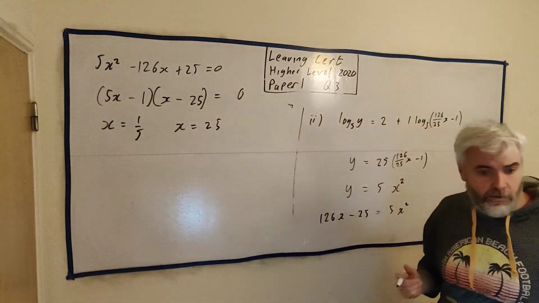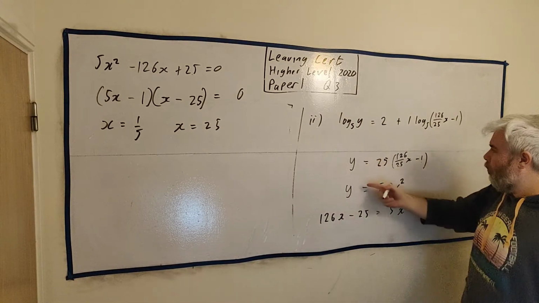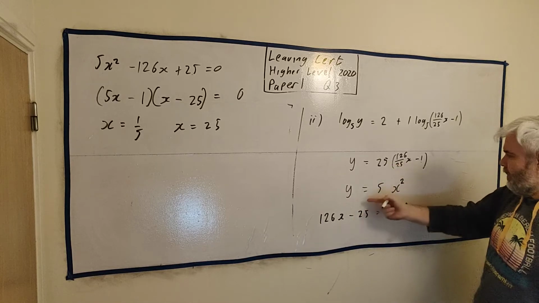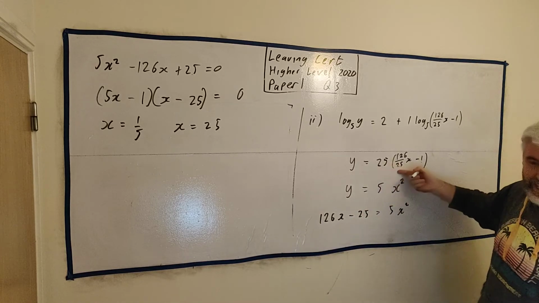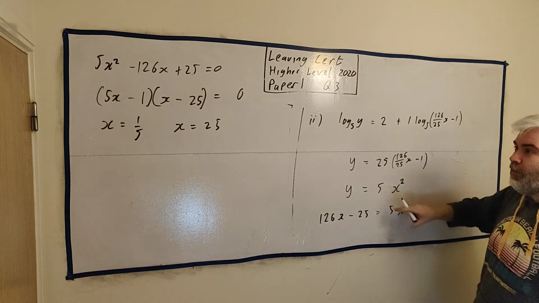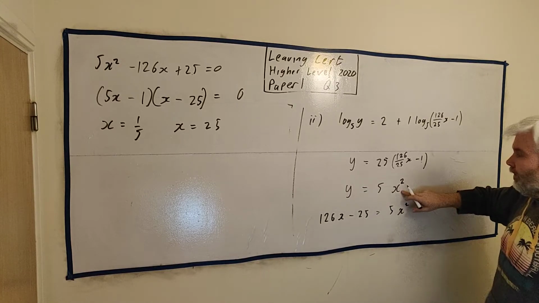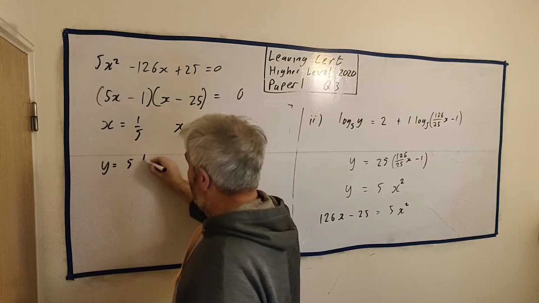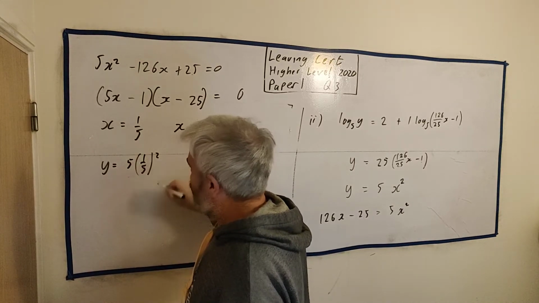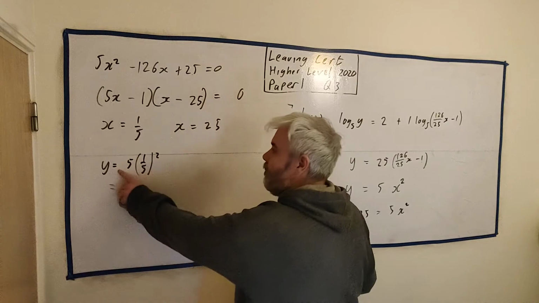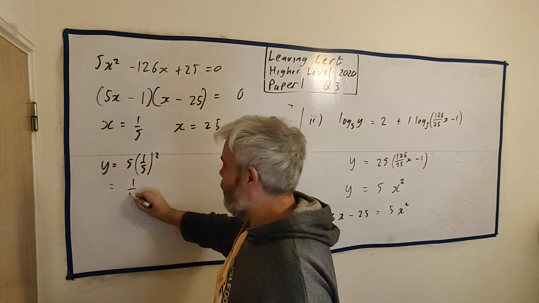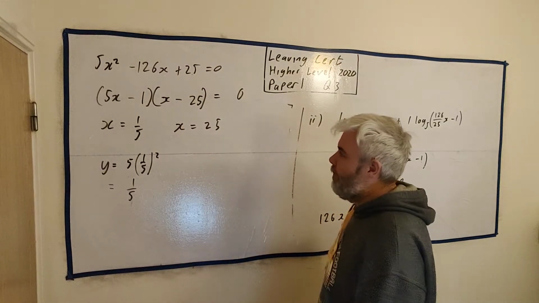They didn't ask for x though, they asked for y. Let's just use this one because it's the one I haven't cleaned up yet. So if I put in 1/5 here, well, let me write them out. Y is equal to 5 times 1/5 squared, which is equal to 5 multiplied by 1 over 25, which is 5 over 25, which is 1 over 5.